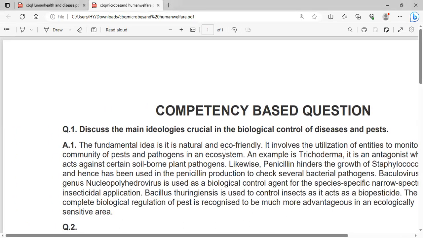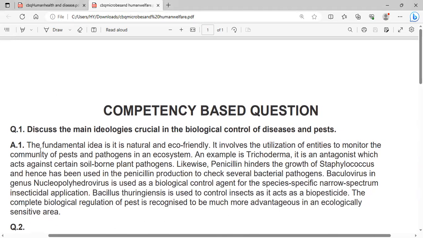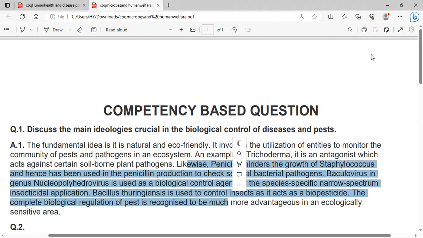It stops the growth of other soil-borne microorganisms which cause disease. Likewise, Penicillium hinders the growth of staphylococci and hence can be used in penicillin production to check several bacterial pathogens. Example, the first antibiotic, penicillin, stops the growth of Staphylococcus bacteria and is also used to check several bacterial pathogens.